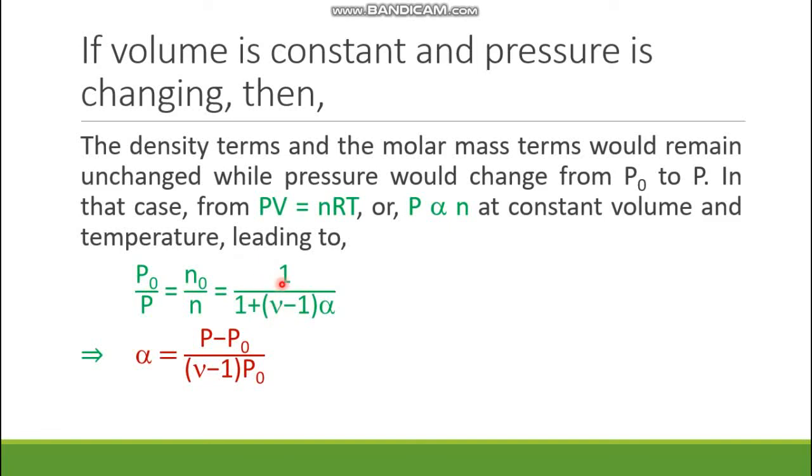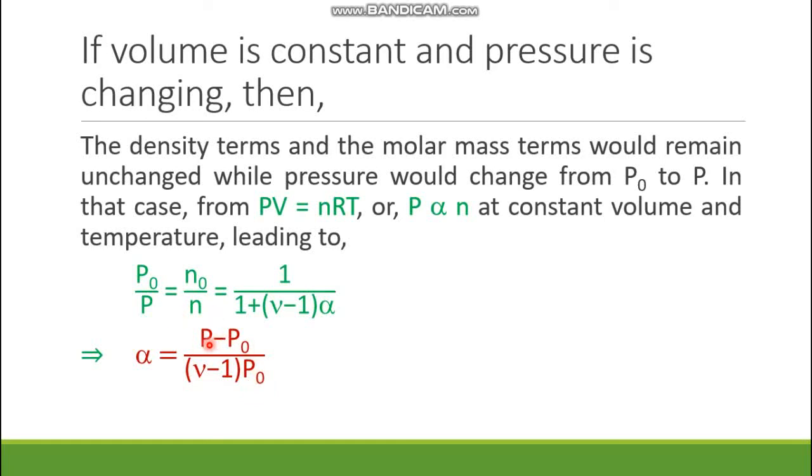So in place of N0 we are putting here 1, and in place of N we are putting 1 plus (nu minus 1) into alpha, and by rearranging this we get the fourth relationship of alpha. The fourth equation is alpha equals (P minus P0) divided by (nu minus 1) into P0. Here just the order is reversed.